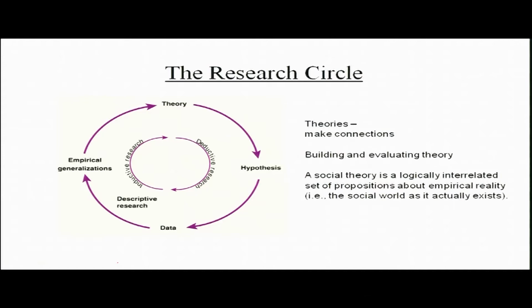This is a circle that establishes a relationship between theory and data. Both theory and data are very meaningful components of any given research, and in this research circle, as you can see, depending on the type of route that you want to take, you can go from theory to hypothesis to data collection, and then to generalization, and then going back to theory.